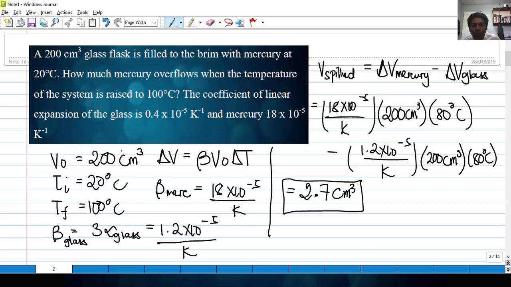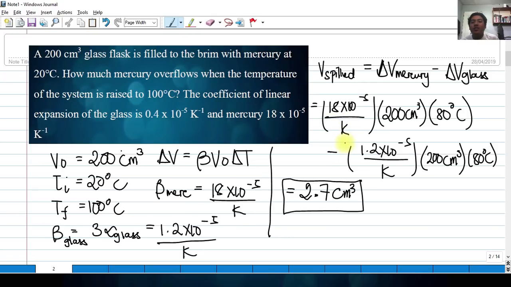Okay? Sir, I have a wonderful question here, sir. Why did we not first convert this temperature in Celsius into Kelvin, or convert this Kelvin into degrees Celsius, so that we can cancel the units? Well, actually, that's the magical thing about thermal physics. Because the change in temperature in Celsius is also the same as the change in temperature in Kelvin.